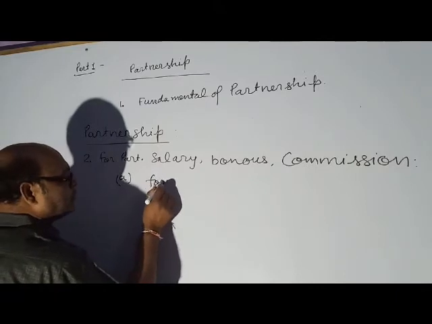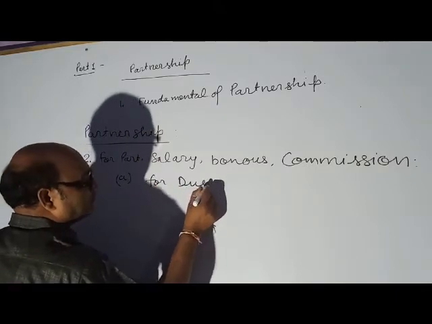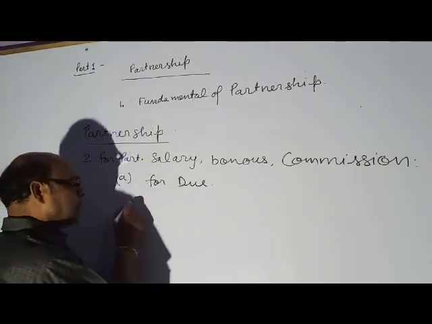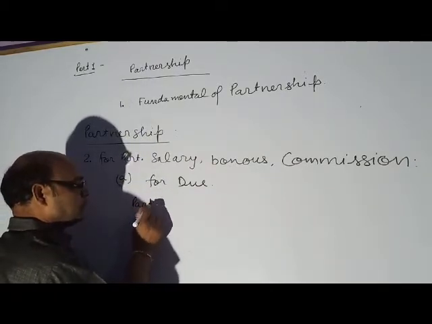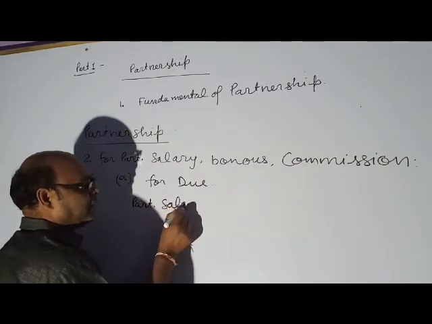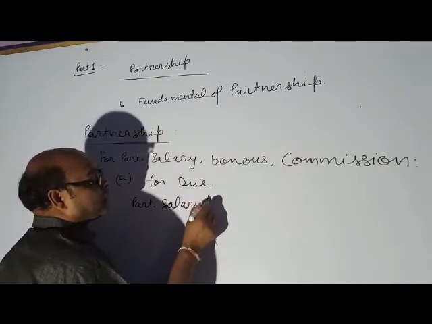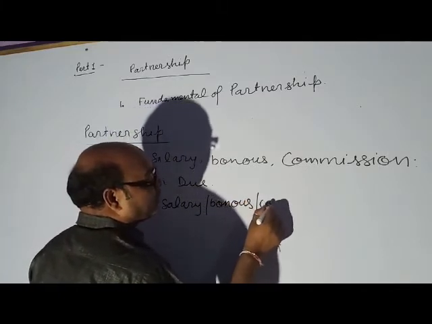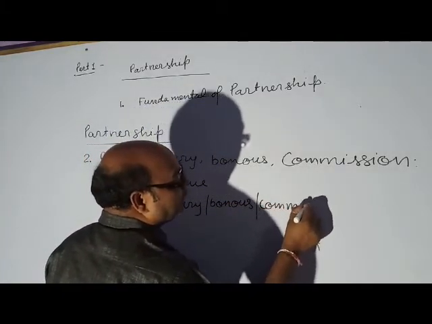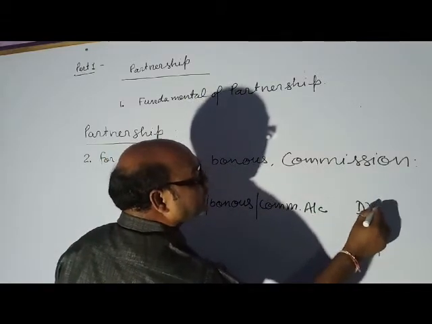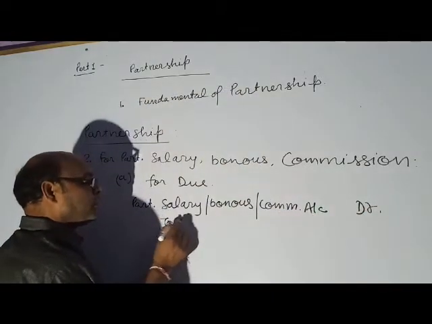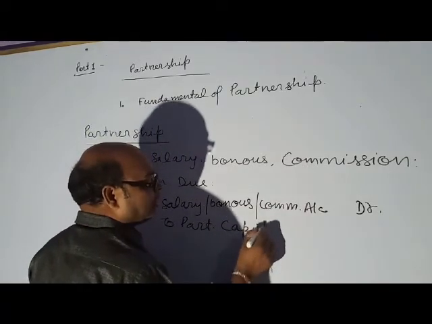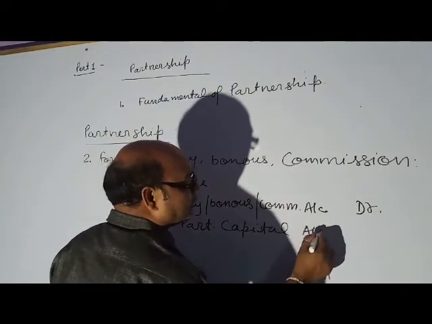First for due. We pass the entry: partners' salary, bonus, commission account debit to partners' capital account.